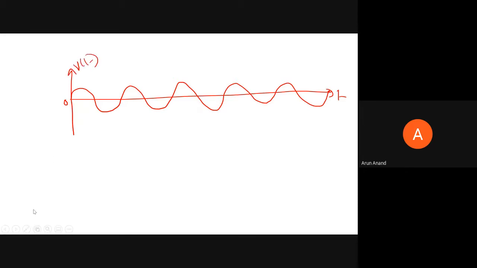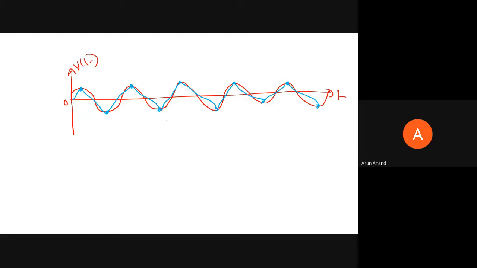It could have been a square also, it could have been a triangular, it could have been a random thing also. So now I am sampling twice in a cycle. So now there can be only one frequency or only one curve that passes through all these points. So that is exactly equal to the frequency of the signal.